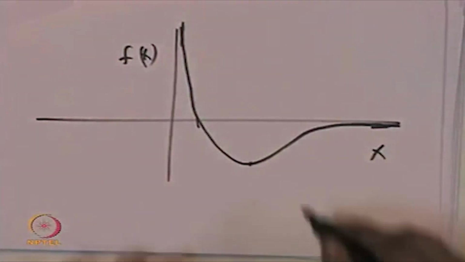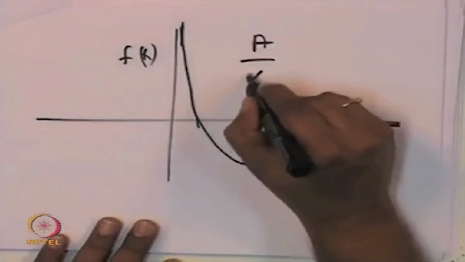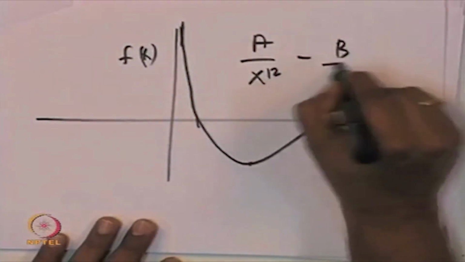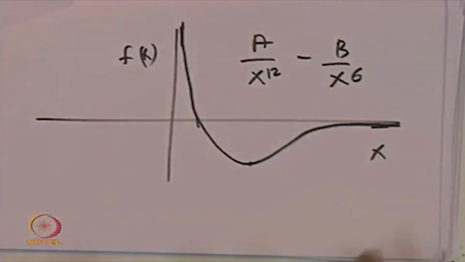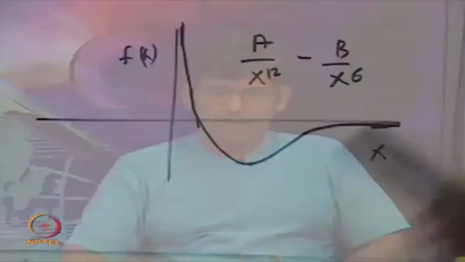So, this will be a by x power 12 minus b by x power 6. I am doing it in a hurry because in this lecture I already described your protocol and an example. I wanted to tell you that you can use this example in an assignment or as a take home question and do this plotting yourself, and you will find a plot which looks like this.